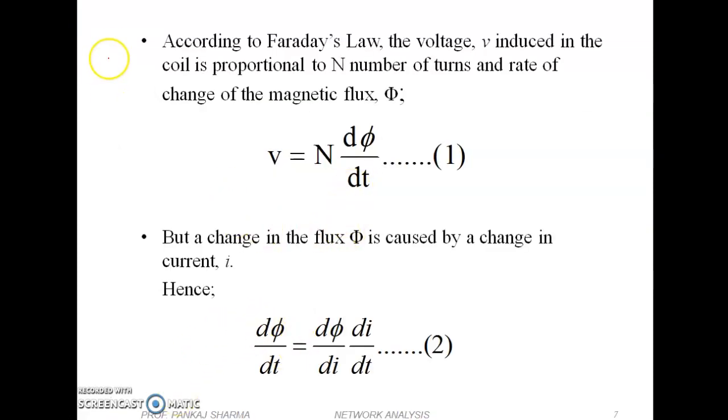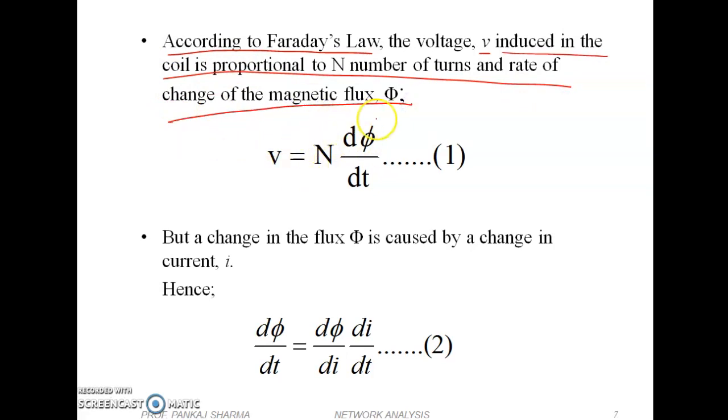We know this according to Faraday's laws of electromagnetic induction, or simply you can say Faraday's law. The voltage V induced in the coil or circuit is proportional to n number of turns and rate of change of magnetic flux.